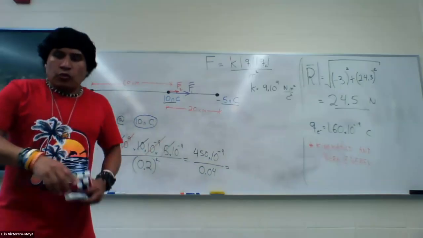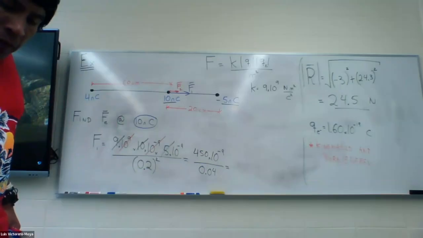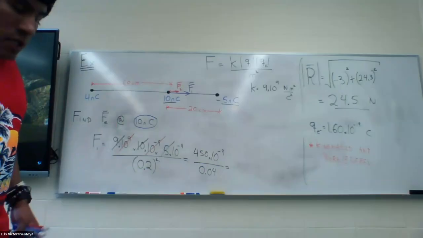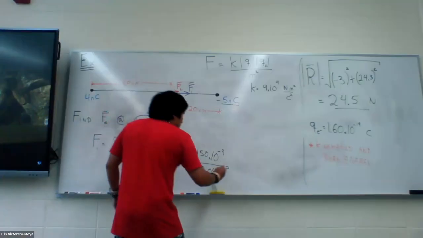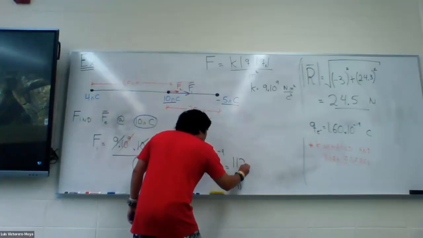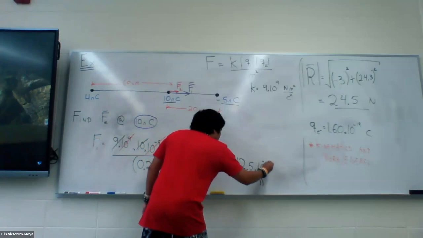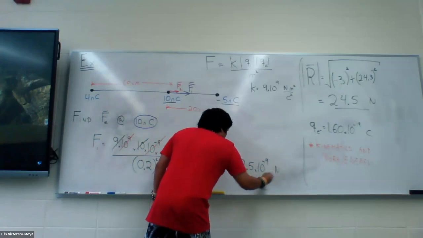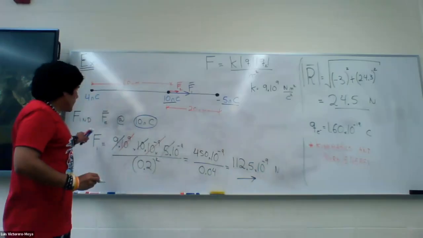So now I just have to reduce the expression. 450 divided by 0.04 gives me 112.5. So I get 112.5 newtons. That's F1.